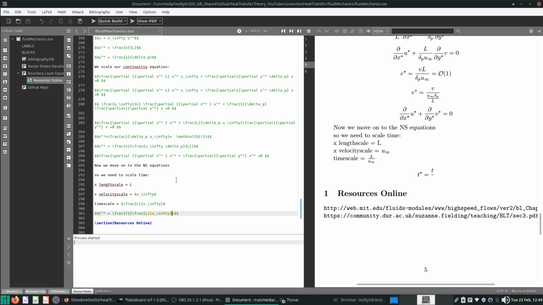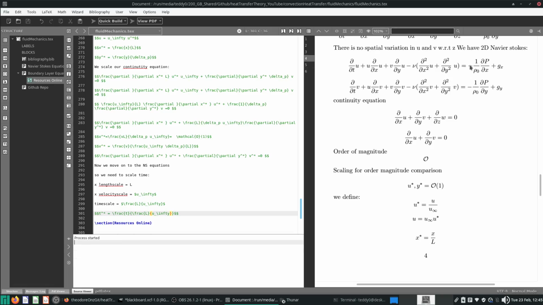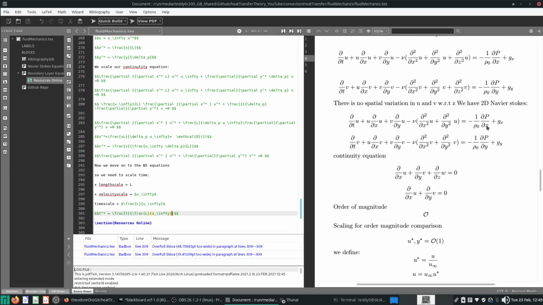The next thing we need to do is the pressure scaling, but we have not quite figured out how to do it, and of course the gravity scaling we have not really figured out as well. However, we will see what we can do about that later.